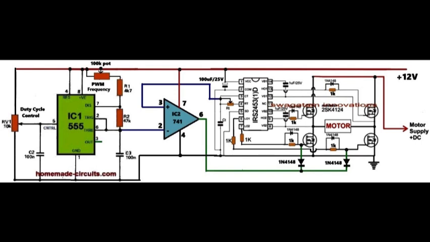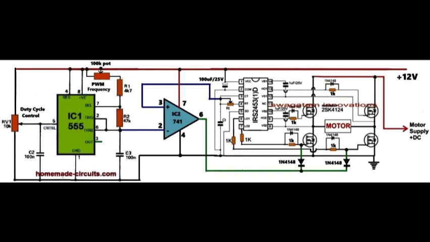The comparator compares the carrier and reference waves, producing an SPWM signal at its output pin 6 of the IC741. The integration with inverter. The SPWM signal from the comparator is integrated with the low-side MOSFET gates of the H-bridge stage. This modulates the square wave output of the inverter into an SPWM equivalent sine wave.